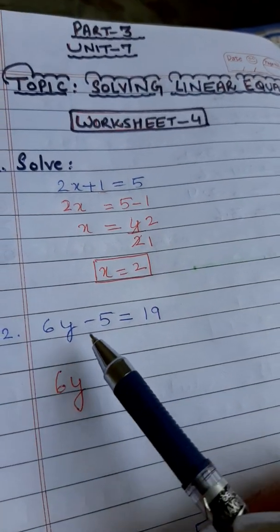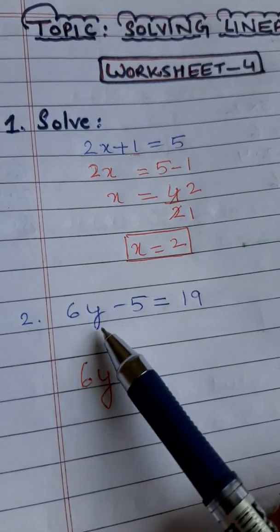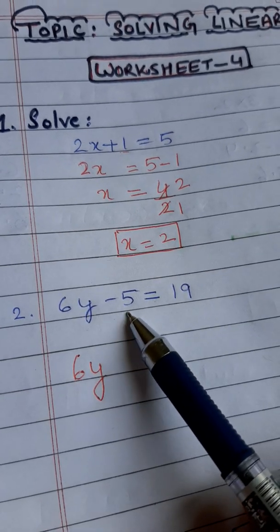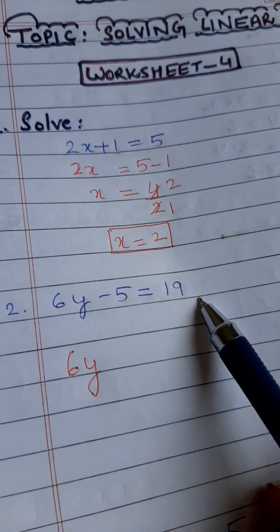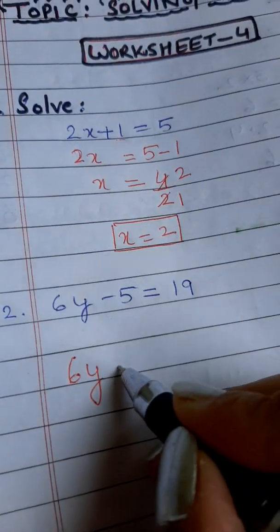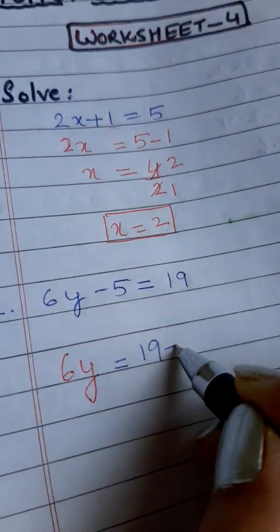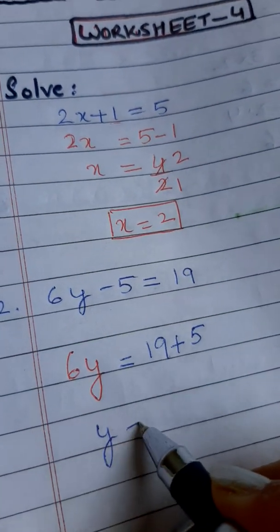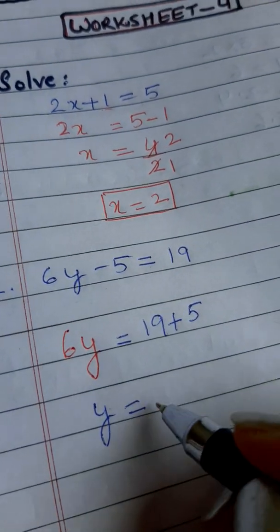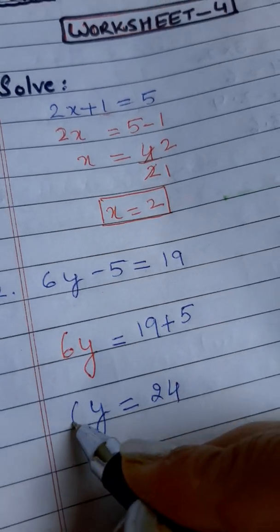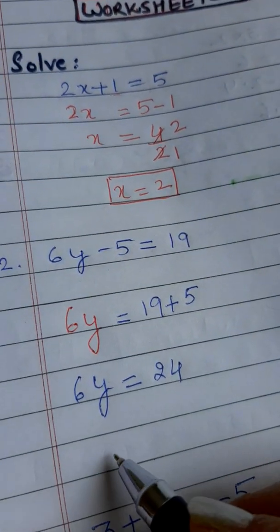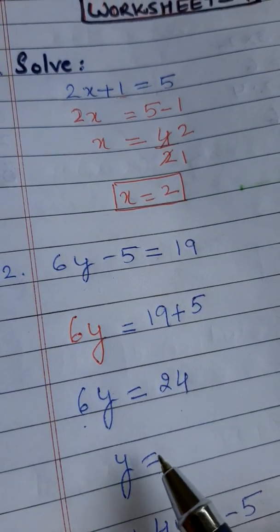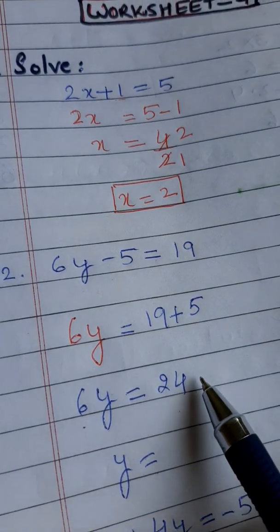Let us do another question. 6y minus 5 is equal to 19. Here transpose this 5 to the right hand side. It will be equal to 19 plus 5. And now here 19 plus 5 is 24, so 6y is equal to 24 and y is equal to, now transpose this 6 from the left hand side to the right hand side.